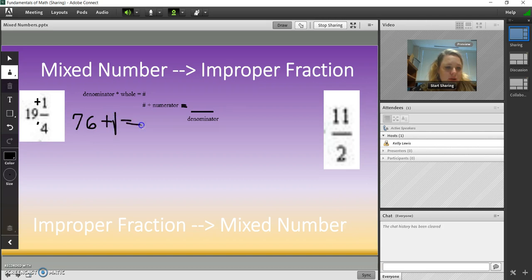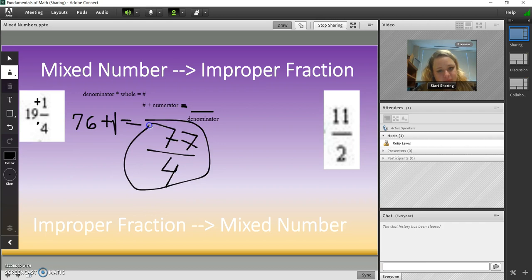All right, so we get 77 over 4. And so 19 and 1/4 is the same as 77 over 4. Right, so you're going to take the denominator, multiply it by the whole number, then add the numerator, and you get the new numerator over the old denominator.